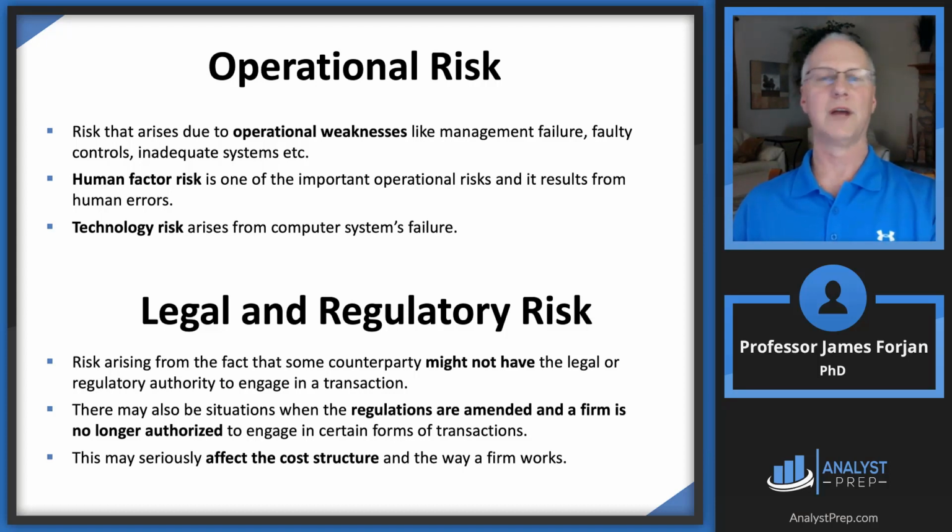So think of a company like Harley-Davidson that has these gigantic metal stamping machines, and they bend and they pound and they do all sorts of metal, and at the end comes this really cool motorcycle. And so those operational risks, those operational weaknesses are variabilities on the expense side of the income statement, which can be a factor of all of those things. Of course, the human factor risk is a part of that.